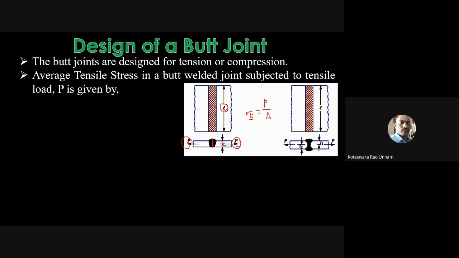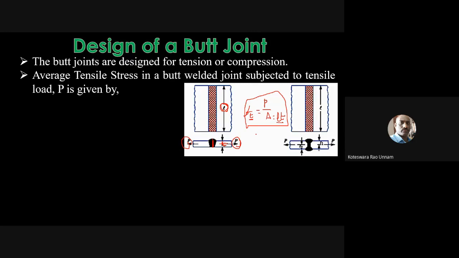If the throat thickness is t and the length of the weld is L, then the area is L into t. So this is the formula to estimate the induced stress in the weld: sigma t equals P by A, where A is L into t.